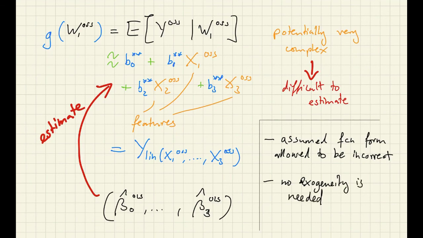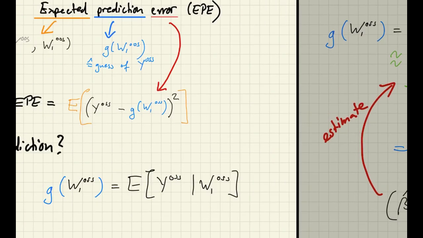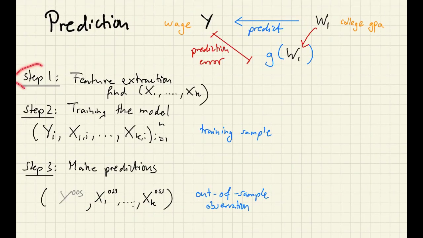So now let's go back to our 3 steps. We had step 1, feature extraction, and now we understand that we are looking for features to approximate the conditional expectation. Next step is training the model.